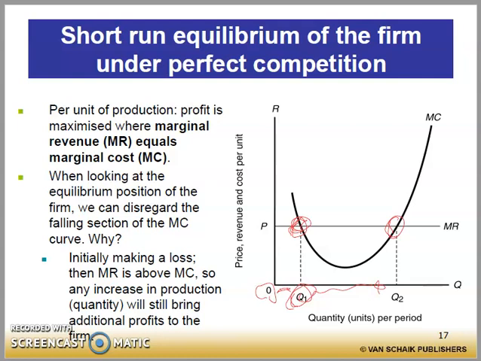That is where average revenue becomes greater than average cost. That is at Q2. So at Q2, the firm's profit is maximized, or its losses are minimized. So it should be clear, therefore, that the falling part of the marginal cost can be disregarded when analyzing the equilibrium position of the firm, because we are more interested in profit maximization.